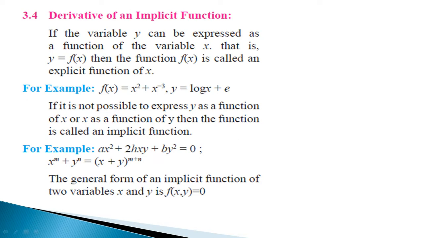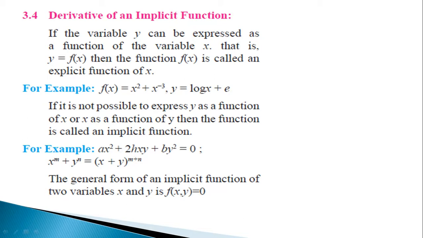So remember the definition: y cannot be expressed in terms of x, or x cannot be expressed in terms of y. For example, ax square plus 2hxy plus by square is equal to 0. This is an implicit function because x and y are not separated from each other.